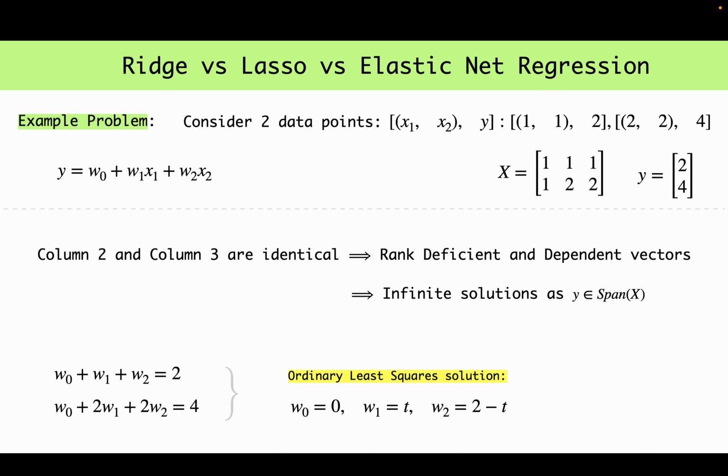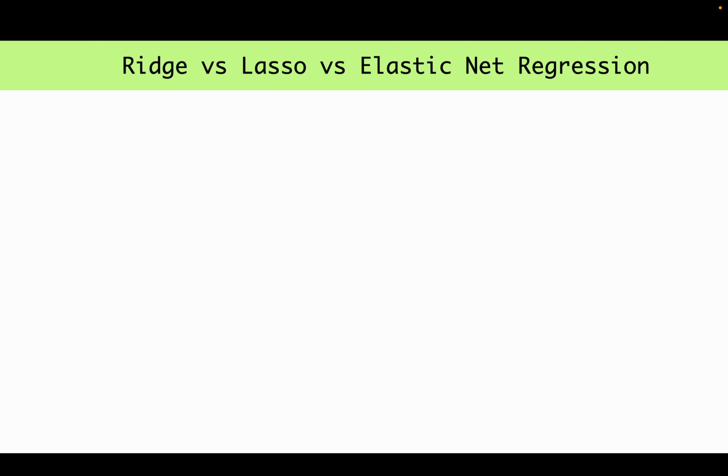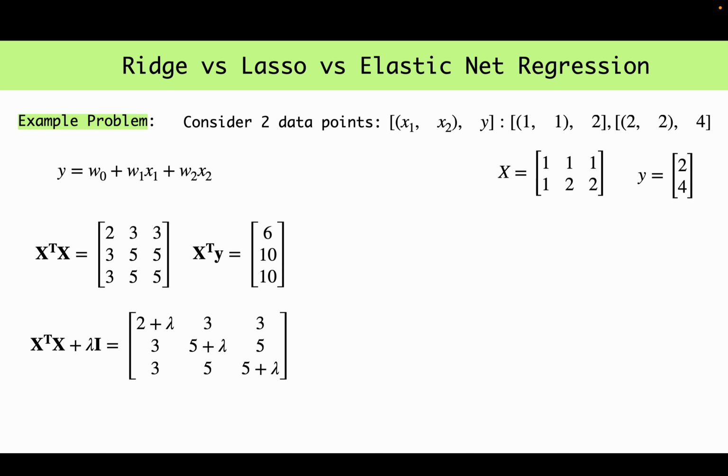Now let us see how we can apply ridge regression, or the L2 norm, as a constraint, and see what sort of output we get. When you apply the L2 norm as a constraint, we can compute X transpose X plus lambda I. We will be using this relation which was part of our ridge regression derivation.